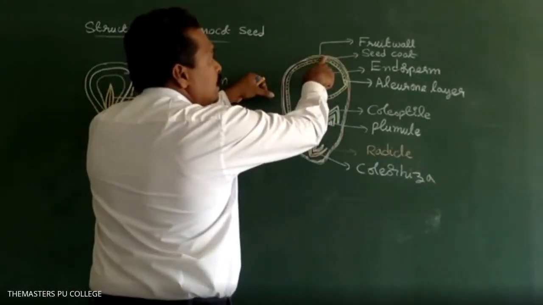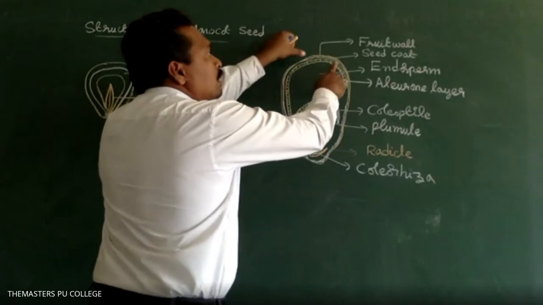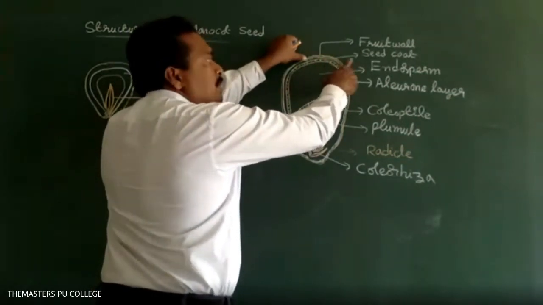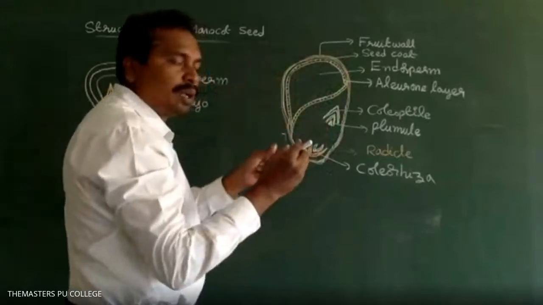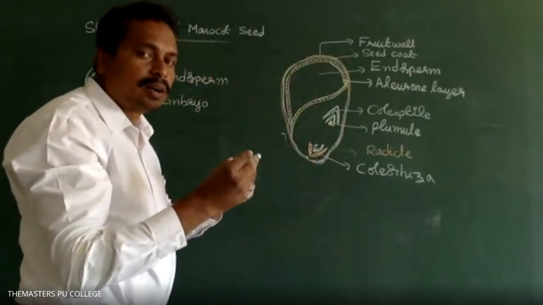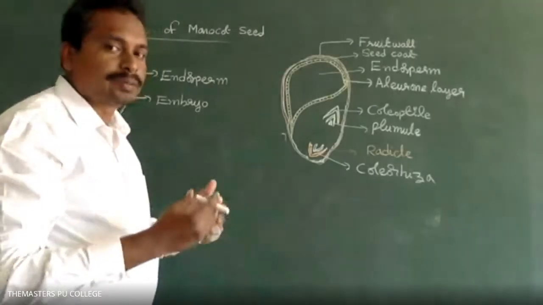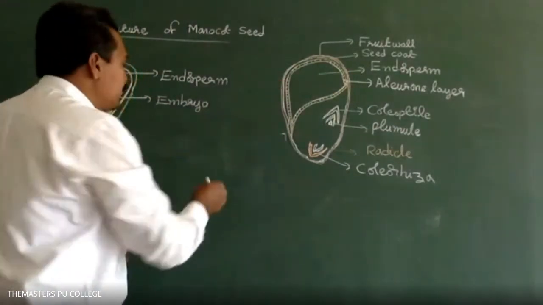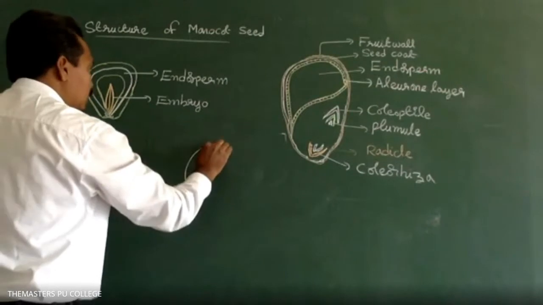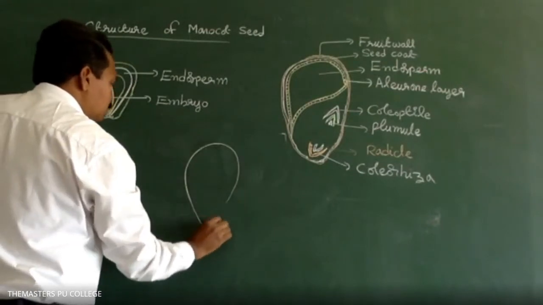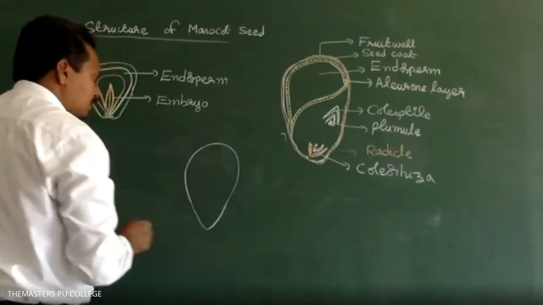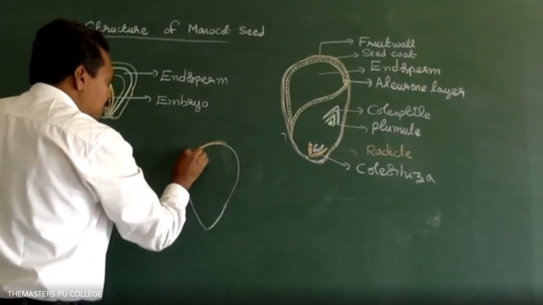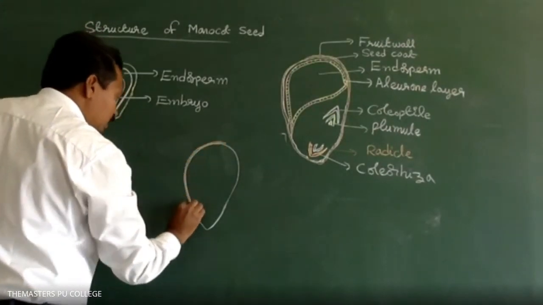This is the outermost layer, the fruit wall. Just beneath the fruit wall, that white colored layer represents the seed coat. The fruit wall and the seed coat are fused together. The seed coat is thin and fused with the fruit wall.